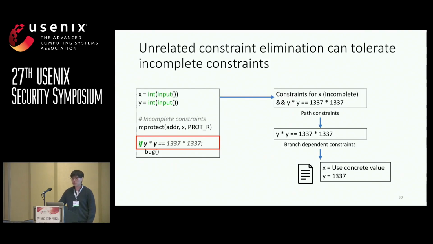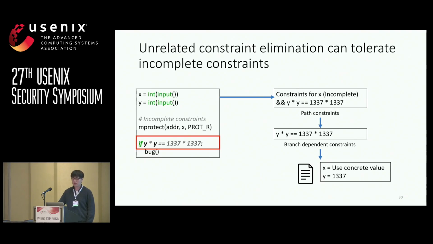To resolve this issue, QSYM uses unrelated constraint elimination, which is a classical optimization for constraint solving. This only solves the constraints related to the branch. For example, there is a sample program which gets x and y as input, and it calls mprotect with x, which results in an incomplete constraint for x.